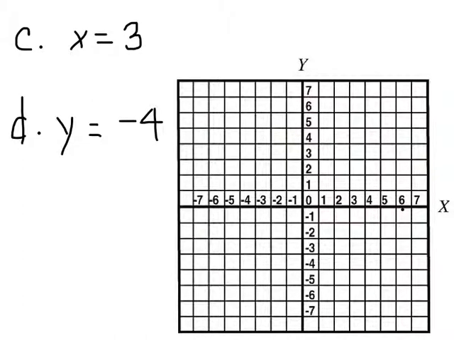Y equals -4 is going to touch the y-axis right here, and it's going to keep going. A little sloppy, but you get the picture. So this one is C, and this one is D.